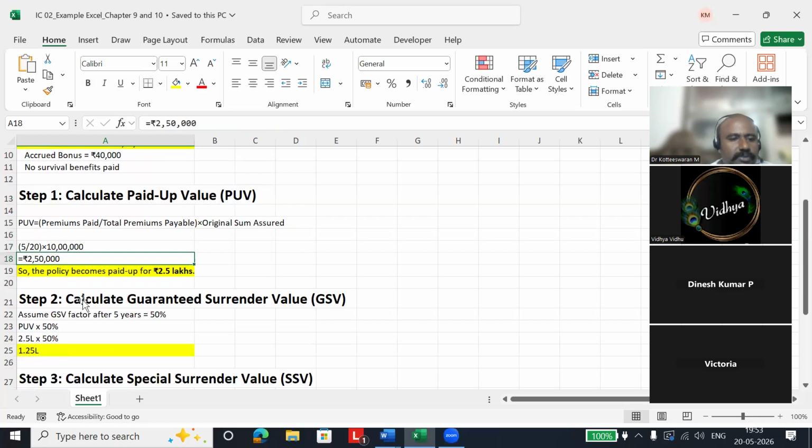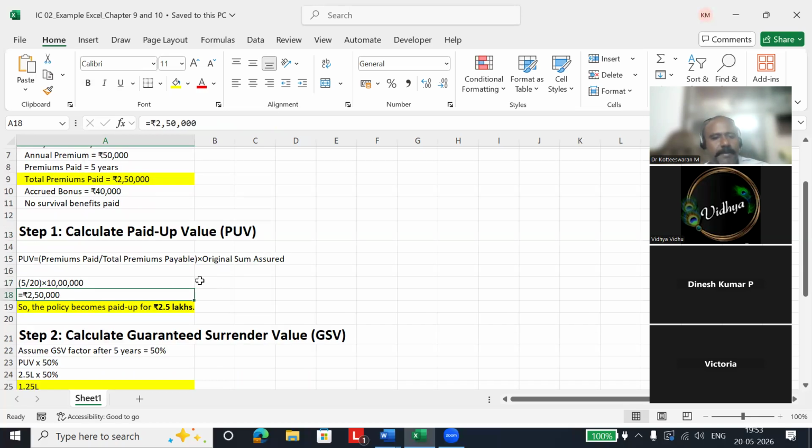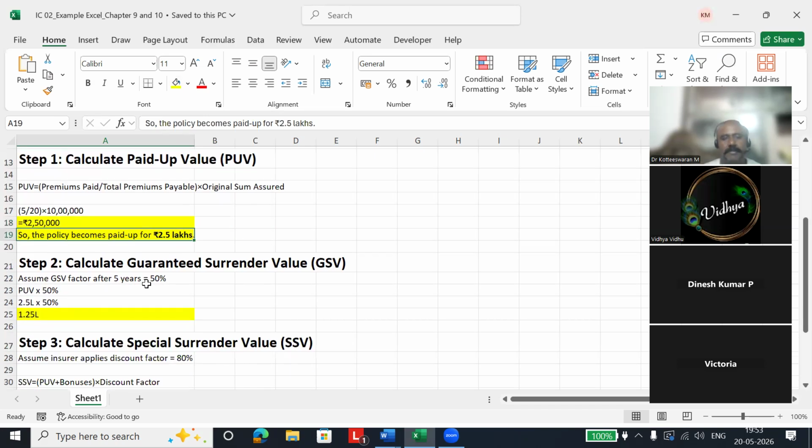So that is equal to 2,50,000. If you calculate by total premium also, it is equal to 2,50,000. Just for easy understanding, I have kept this calculation. It is a little complicated, but this is very simple. So paid up value is 2.5 lakhs. The first step calculation is done.